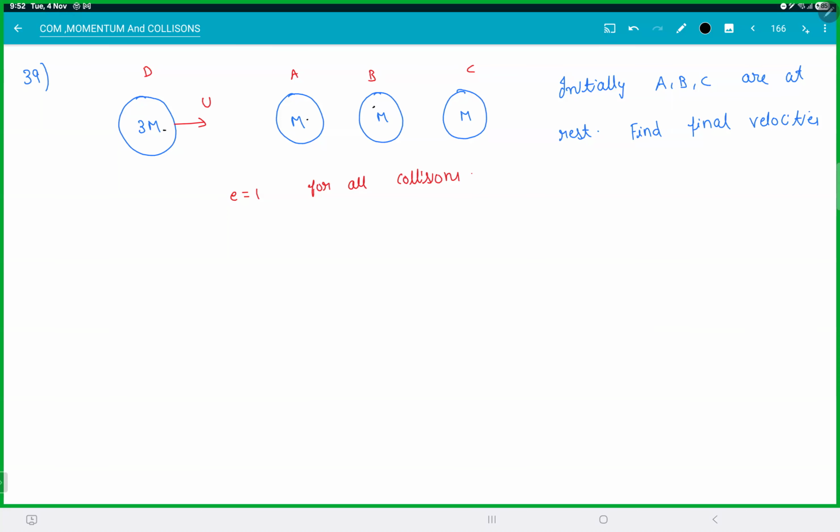Right. So if you look at this, 3m, let this be v1, and this is m, let this be v2. If you conserve momentum, 3mu is equal to 3m v1 plus m v2.